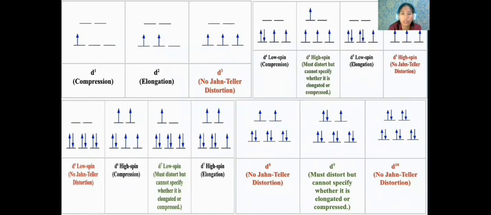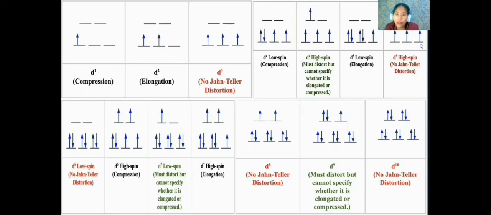All right, so we have here a summary. Okay, so for d1, we have compression. For d2, it will undergo elongation. But for d3, there is no distortion because they are all symmetrical. And then d4 low spin will undergo compression.